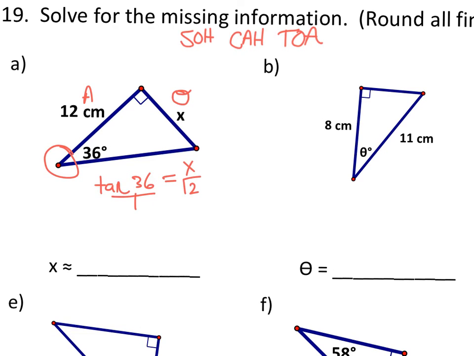When we cross multiply, we'll get 12 tangent 36 is equal to x. So x equals 8.72. For the second problem, labeling the missing sides, if this is the reference angle, okay, then we have our adjacent side and our hypotenuse.